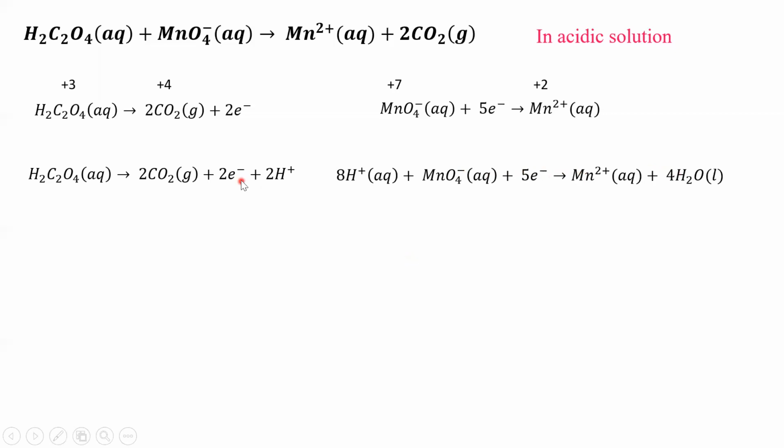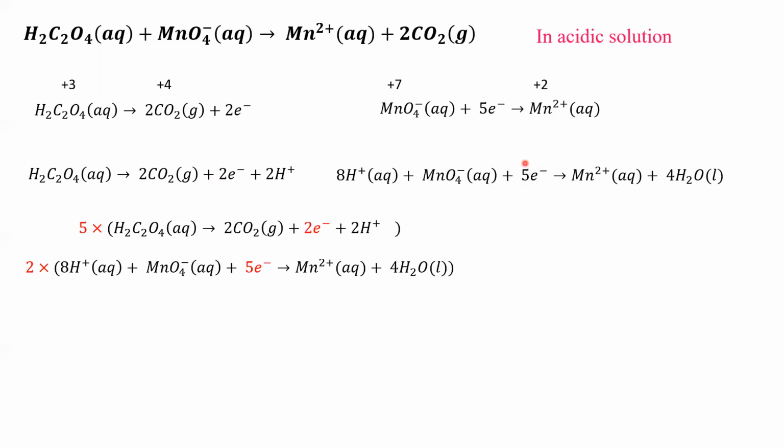Now, for the oxidation, we're losing 2 electrons, but for the reduction, we're gaining 5. We have to make those two numbers equal to each other. Well, 2 and 5 have 10 in common.